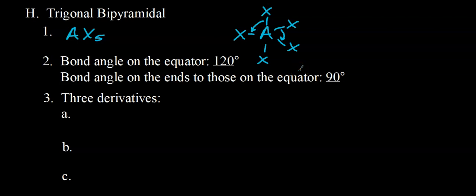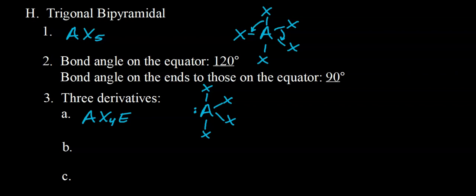All right, for this one, we have 3 derivatives. Hopefully you're seeing a pattern here with how we come up with those derivatives. First one is AX4E. Looks like this. The lone pair of electrons occupies one of the equatorial positions.